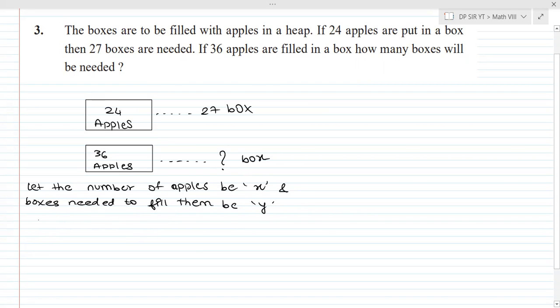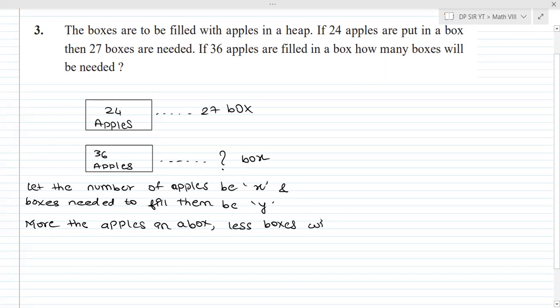See, now there is a simple logic. The more apples in a box, the fewer boxes will be required. अगर एक बॉक्स में ज्यादा एप्पल है, less boxes will be required. बराबर ना? अगर एक बॉक्स में ज्यादा एप्पल आ रहे हैं तो मुझे कम बॉक्स लगेंगे.